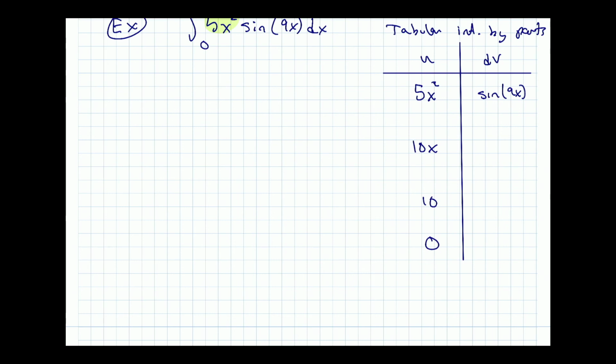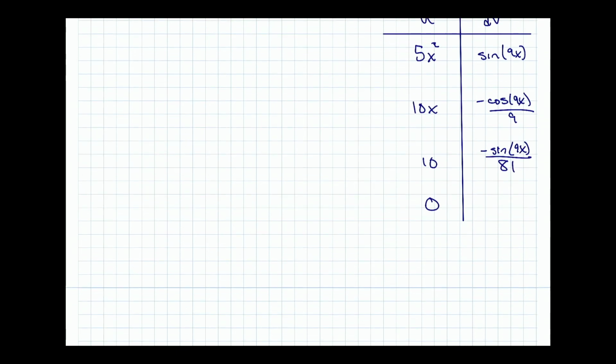So the antiderivative of sine 9x is negative cosine 9x over 9. The antiderivative of negative cosine 9x over 9 is negative sine 9x over 9, but combined with the 9 that's already there, so over 81. And then the antiderivative of negative sine 9x is going to be positive cosine 9x over 9.